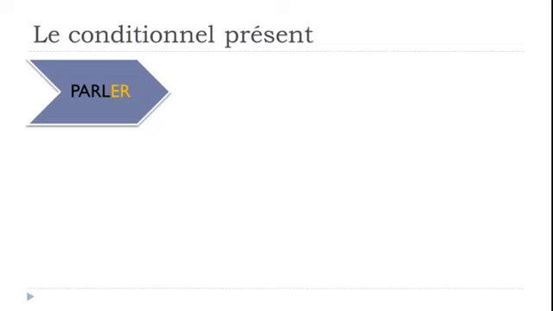So if you didn't see the video regarding the future tense, I definitely advise you to do it because it will be more clear for you. So it's Unit 6, I don't remember the lesson, but check Unit 6, and then le futur, and you'll find it, okay? Because the way we construct this conditionnel présent is the same way that we construct the future, okay? The only difference will be the endings, all right?